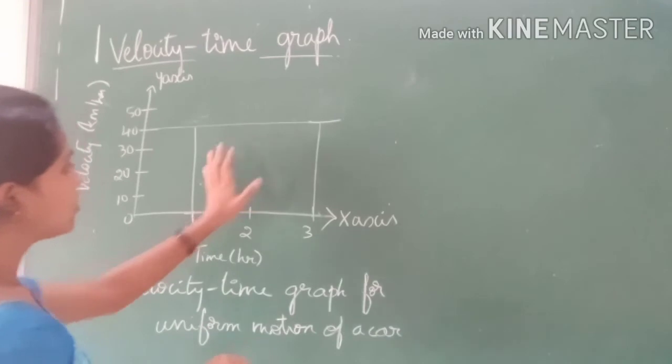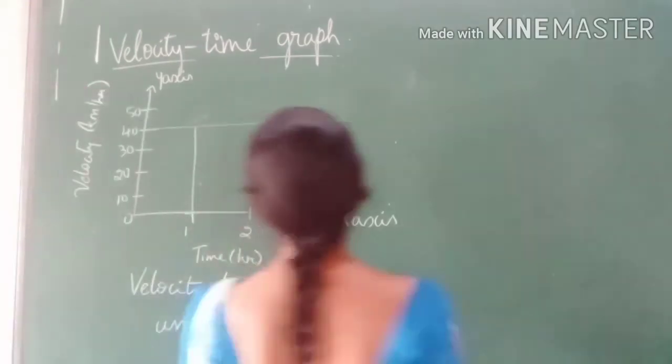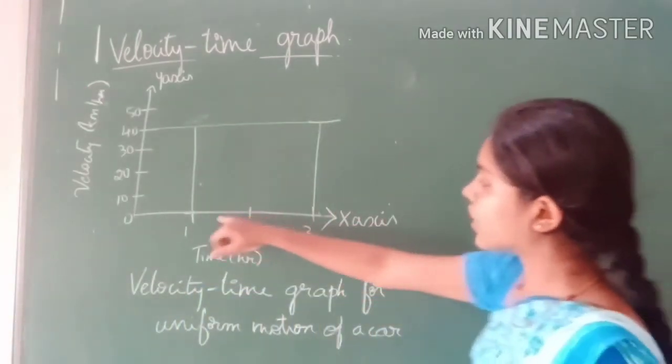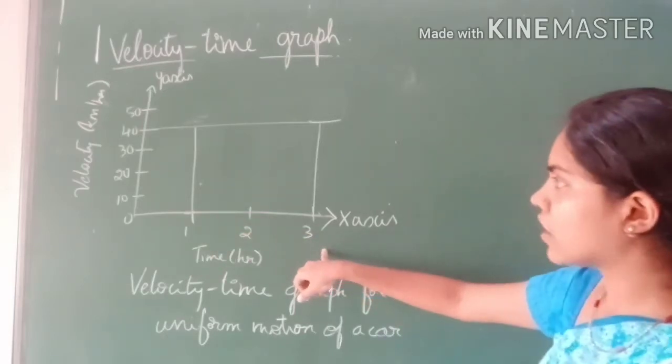Now I would like to find the distance covered by the car from 1 hour to 3 hour. How to find out?